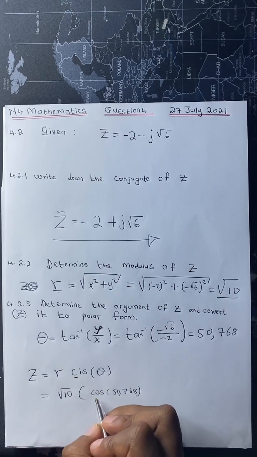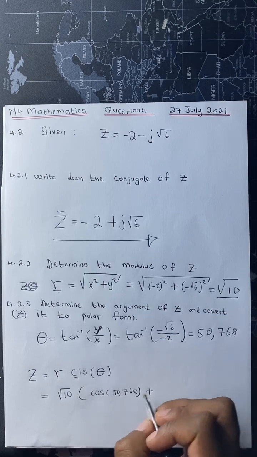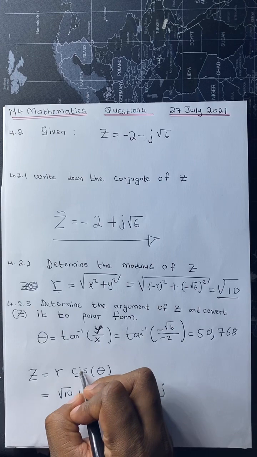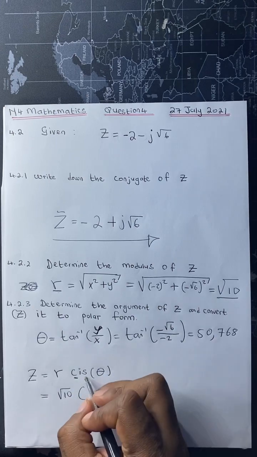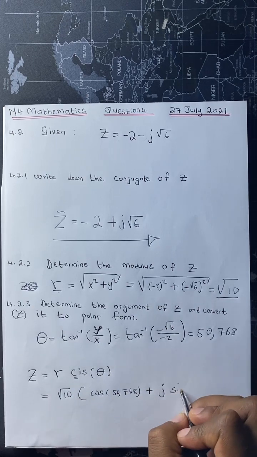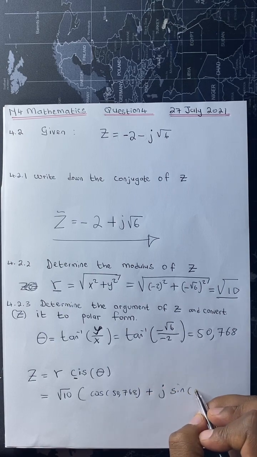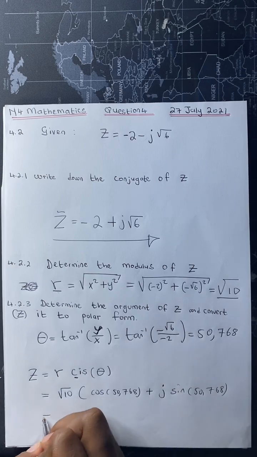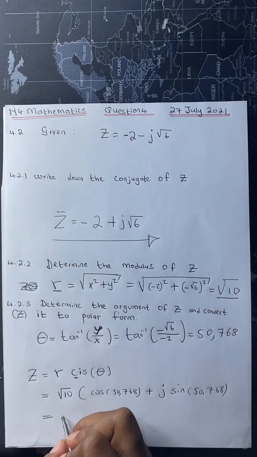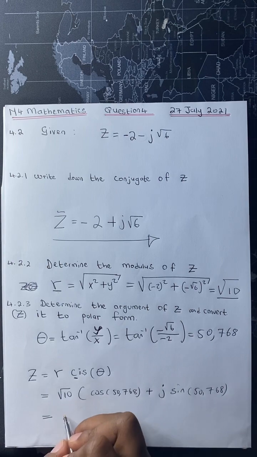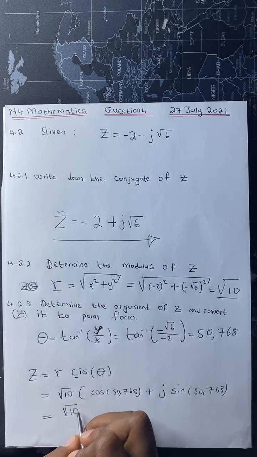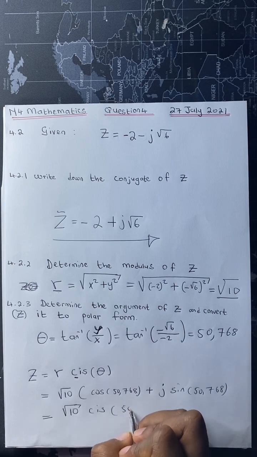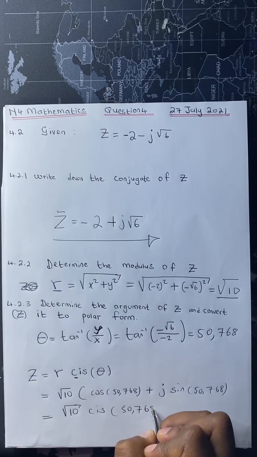So the c stands for cos, plus j, the i stands for the j, and the s stands for sine of theta, which is equal to 50,768. So this will be our final answer, but you can just leave it as the square root of 10 cis 50,768.